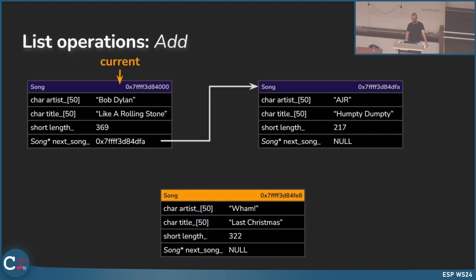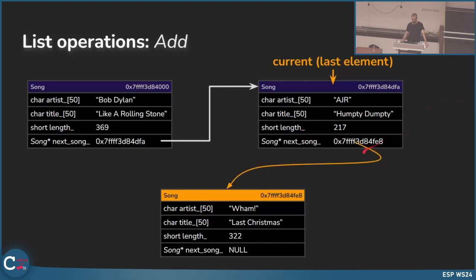So we have our current pointer, then we iterate to the last element in our playlist. We have now the last element, and then we just add here the address of my next song, and set its next to null. So we just add one element at the end, and this is how we can add new things to our playlist. This looks easy. The implementation in C is unfortunately not that easy, but that's why we will have a look into it.